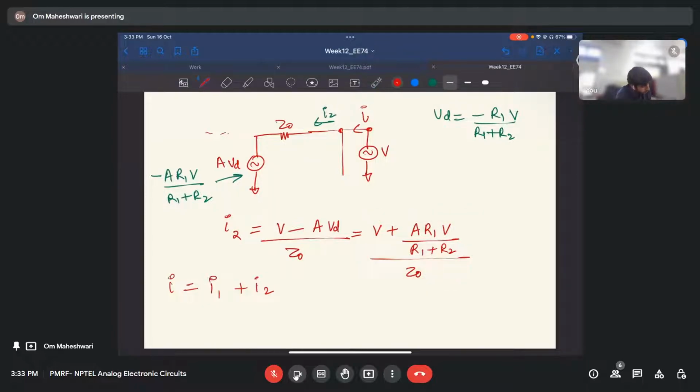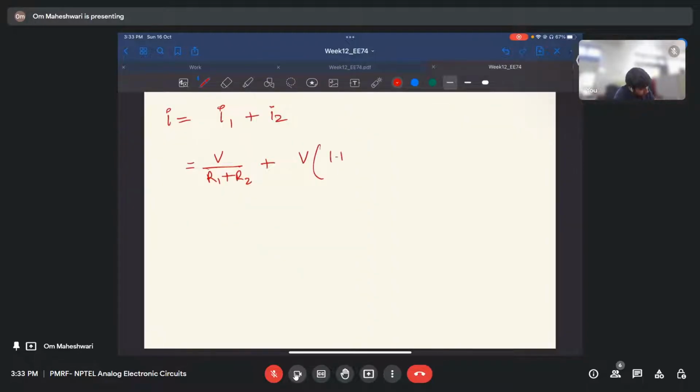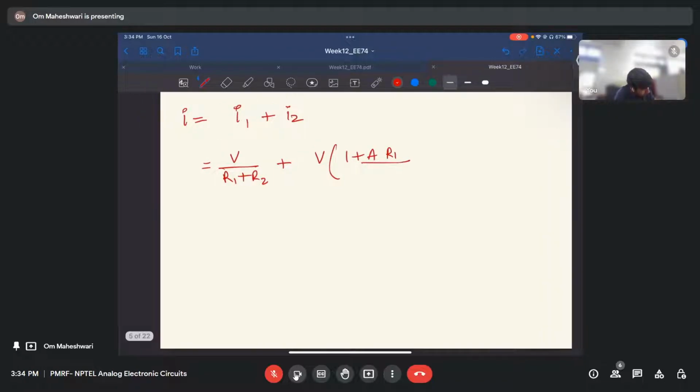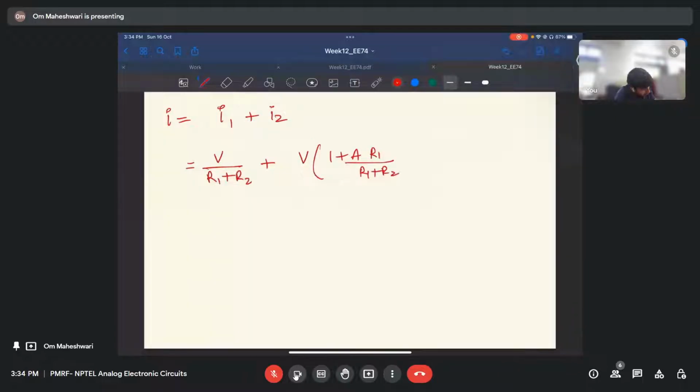Let me rewrite it simply: V times 1 plus A R1 by R1 plus R2, upon Z naught. It will be V times 1 plus A R1 upon R1 plus R2, whole upon Z naught.